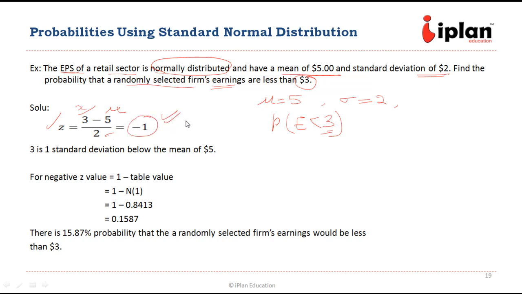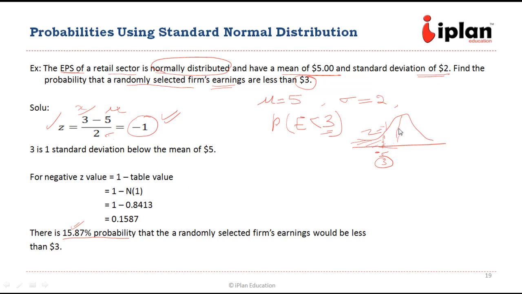So the question is asking what is the probability. This is the mean. This is 1 sigma. What is the probability of the value lying below this? So this is 3. We want to calculate this probability, corresponding to z of minus 1. We can look at the chart and calculate that this is 15.87% probability. In our table, it can be given in multiple ways.